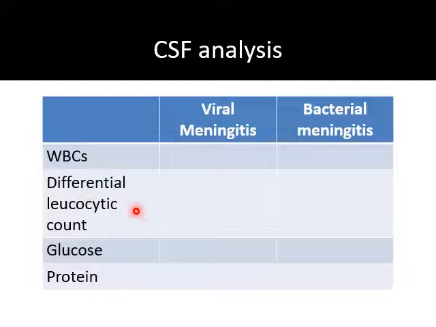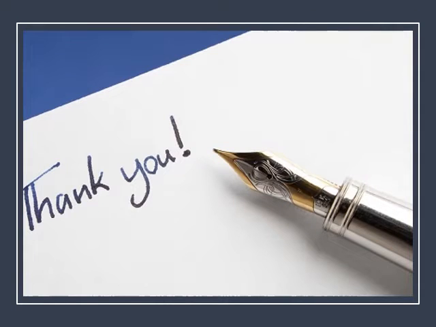Differential count: lymphocytic in the viral meningitis, neutrophils in the bacterial meningitis. Glucose content: normal in the viral, marked decrease in the bacterial. Protein: mild increase in the viral meningitis, and marked increase in the bacterial meningitis. Thank you for your listening.